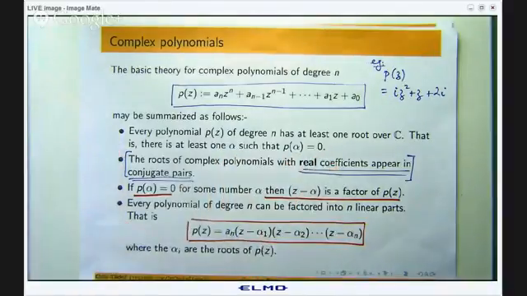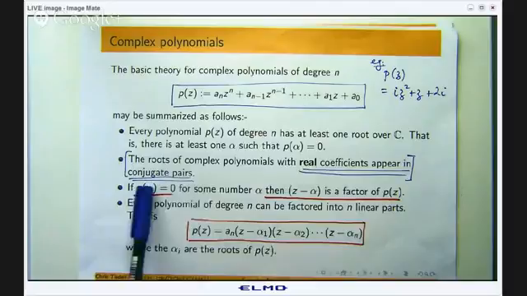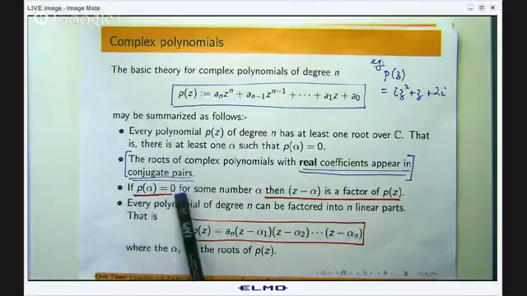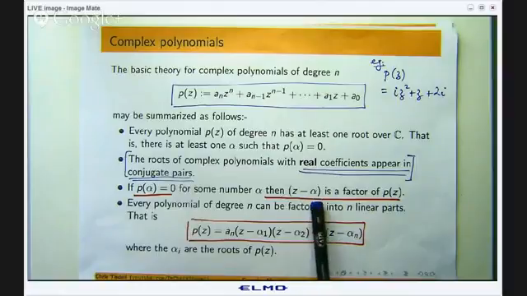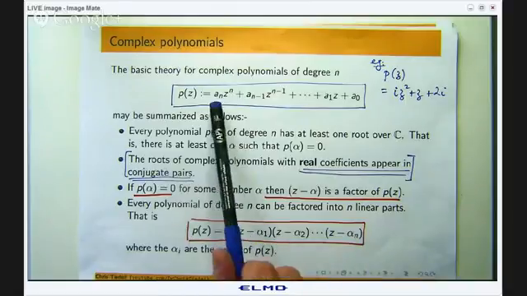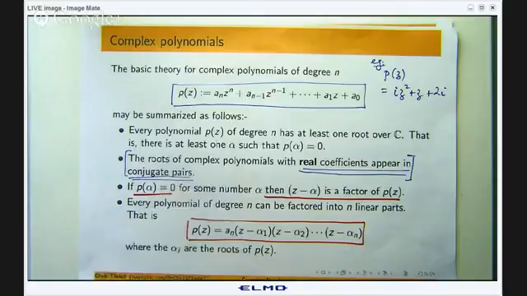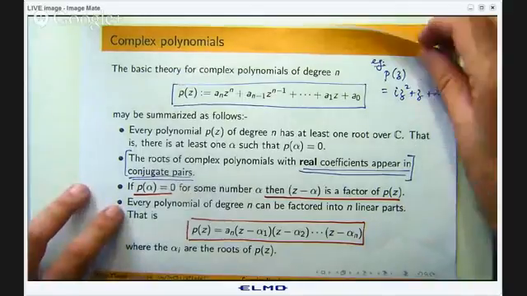If the coefficients of the polynomial are real, then solutions appear in conjugate pairs. If alpha is a root, then z minus alpha is a factor of p of z, and p of z may be written as this product of linear factors where the alpha i's are the roots and a sub n is this coefficient. So this is like a factor theorem, if you like.